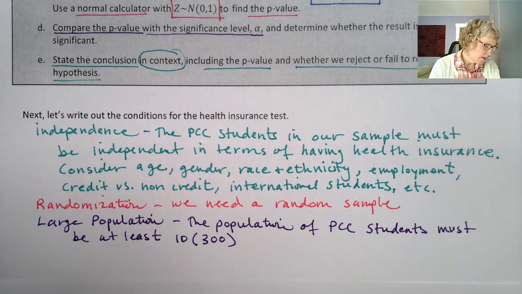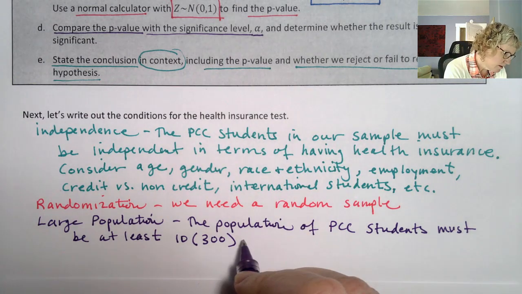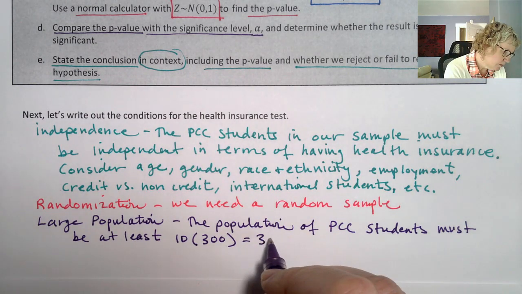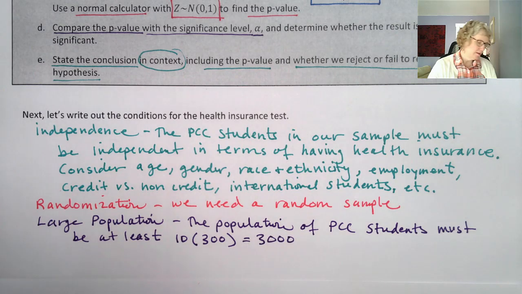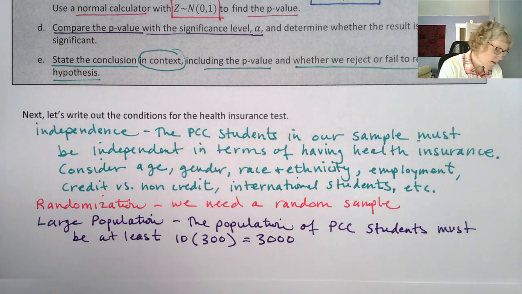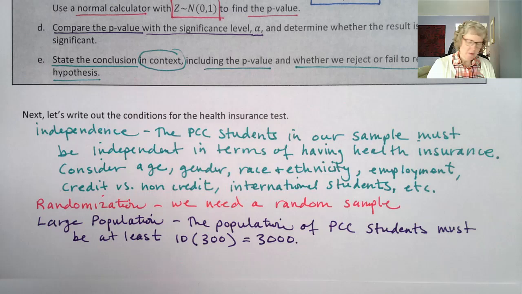I love 10 because we can just add the 0 at the end. So it must be at least 3,000. I do believe that is true. Even if we're not sure in a certain question, we're just going to write it out and keep going anyway.